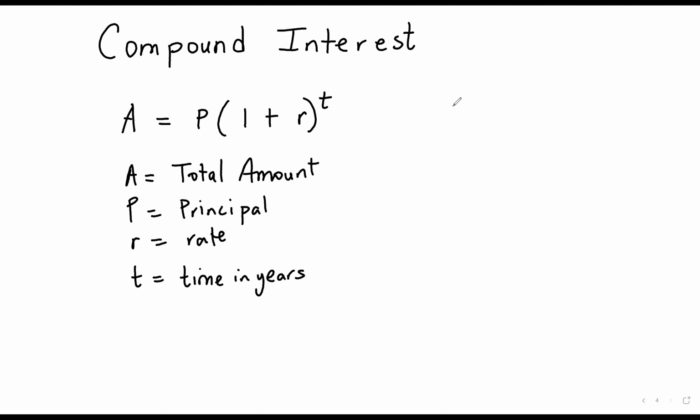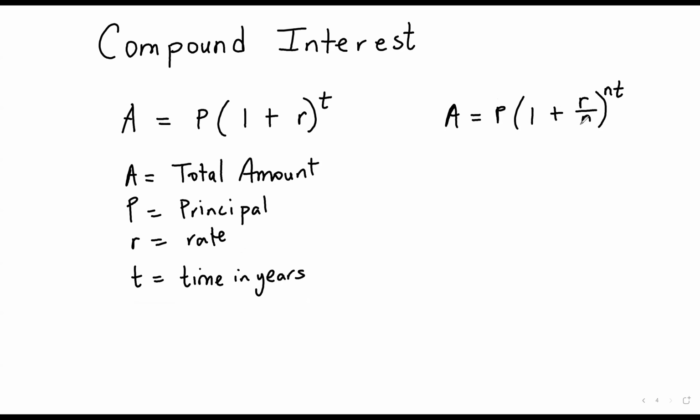Now, if it was compounding more than once a year, which means that if the interest was being calculated like twice for the year or something, then we use this formula: P by 1 plus R over N, raised to the power of N times T, where N is the number of times interest is compounded.